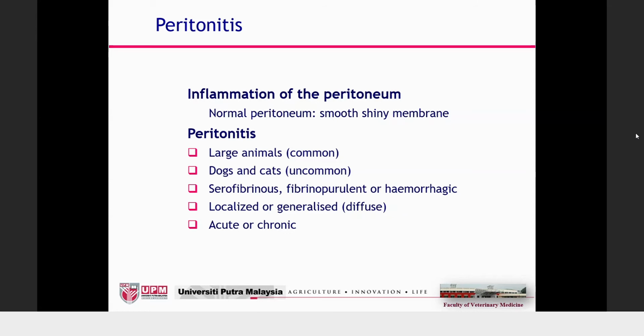And the distribution of lesion can be localized or generalized, depending on the type of agent that leads to those changes. And as usual, this peritonitis can be acute, subacute, or chronic.